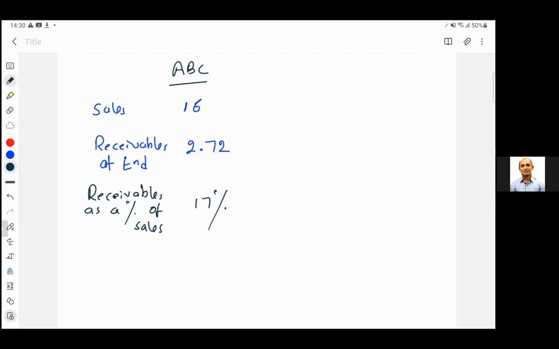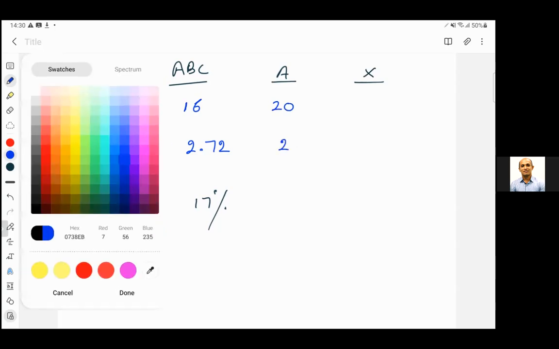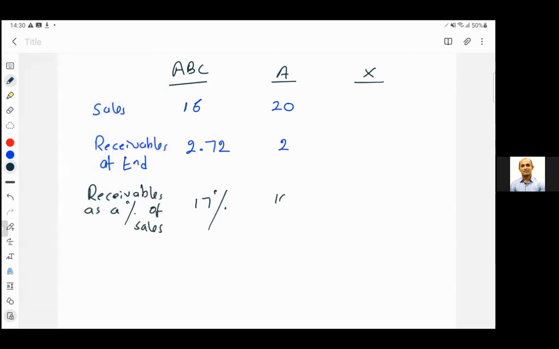So you can compare with competitors. Competitors are ANX. Sales 20 million, receivables 2 million, percentage 10%. X: sales 15 million, receivables 1.8 million, percentage 12%.